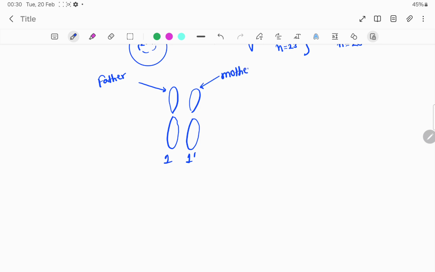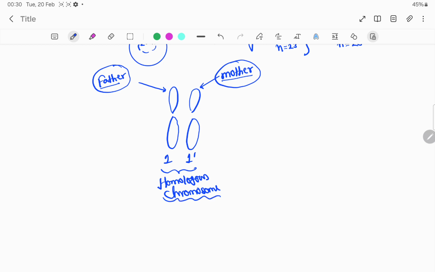One from father, another from mother. Clear? So this pair of chromosomes is called homologous chromosomes. Clear?